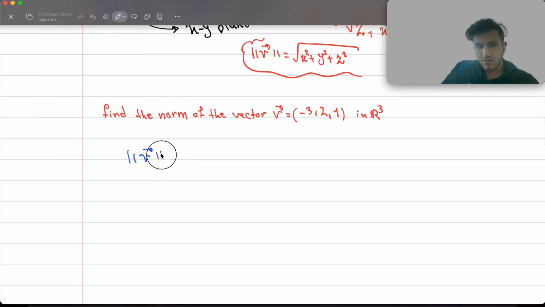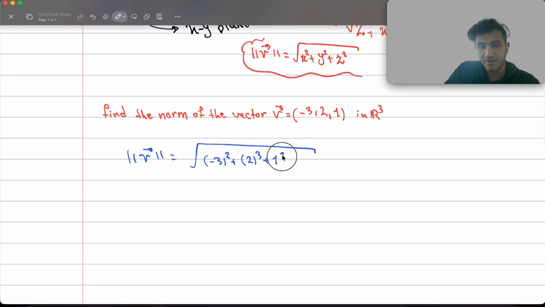The magnitude of v is going to be the square root of -3 squared plus 2 squared plus 1 squared. Sorry, not cubed, this is squared. It's going to be the square root of 9 plus 4 plus 1. It's going to give me the square root of 14.